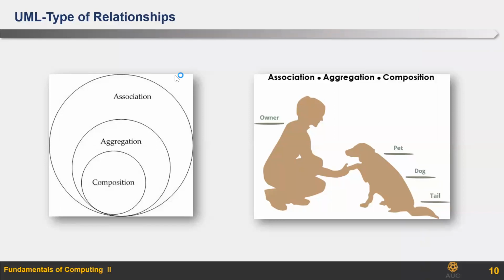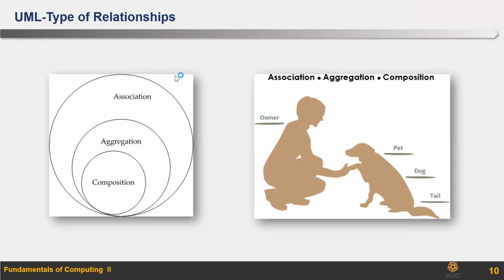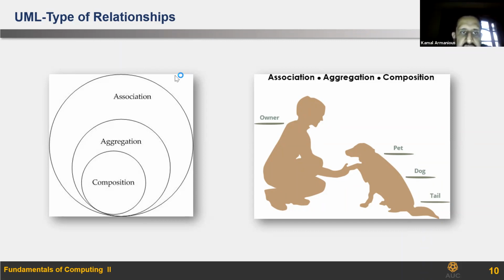Can it be like me and my parents? You and your parent, no, it's not an association. It's more stronger than an association. Mustafa, owning a car? The car and the owner, yes.